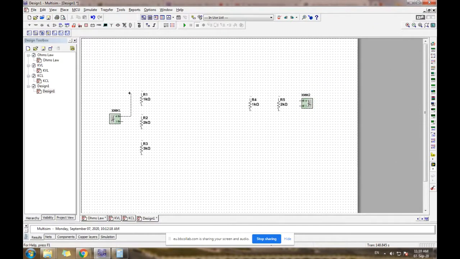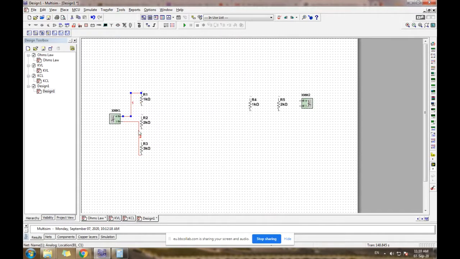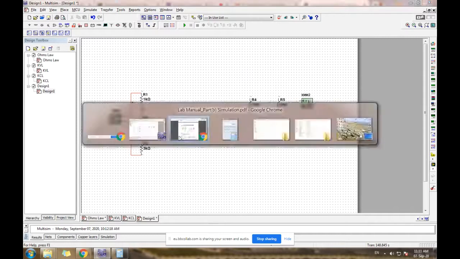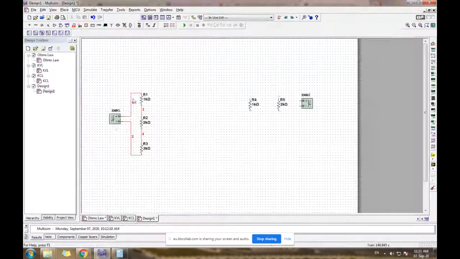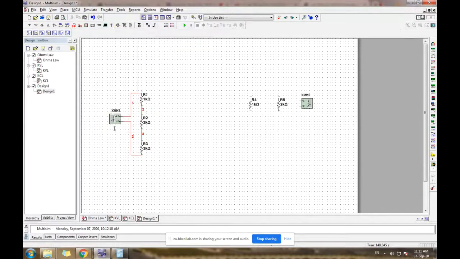Make the connections, one end here, another end here. So this is for the first circuit, R1, R2, R3 in series, and we are going to measure R equivalent. This is R equivalent. This is for series, as you know.